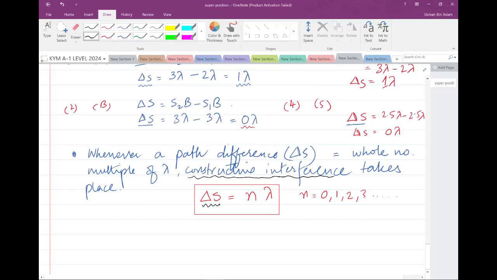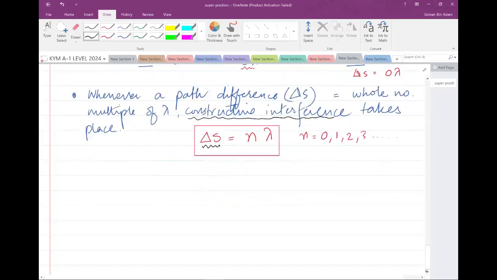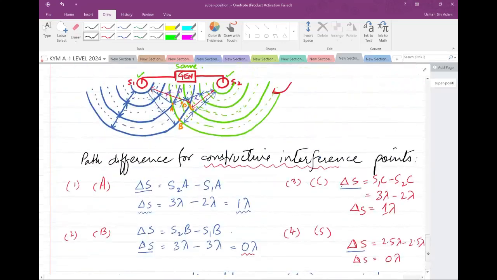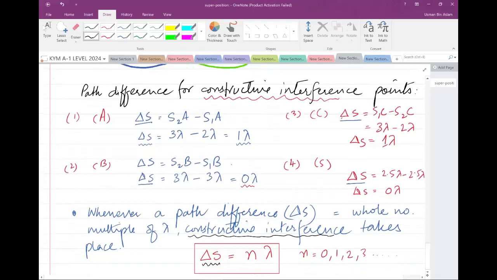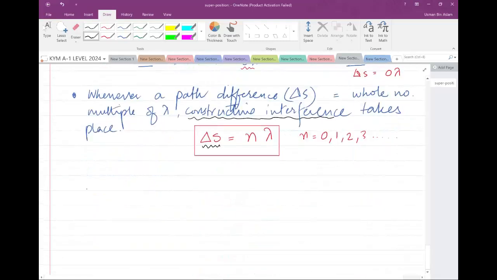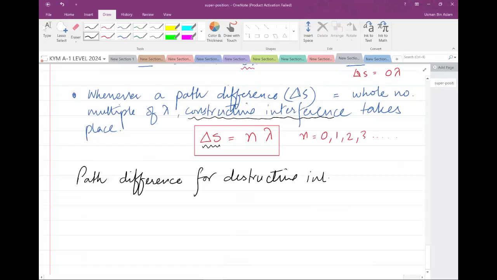Yes. Okay. Now, I'm going to show you a sample calculation for path difference for destructive interference points.